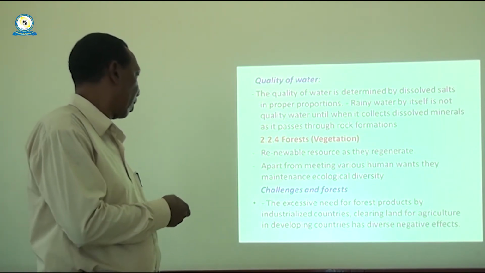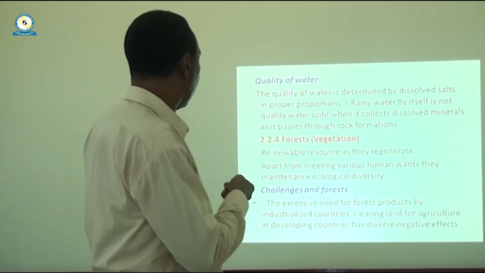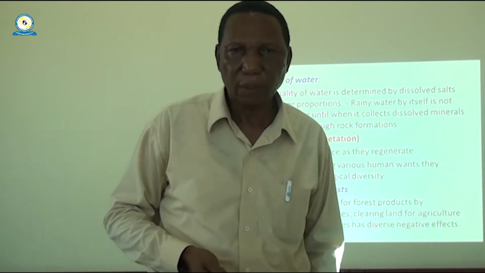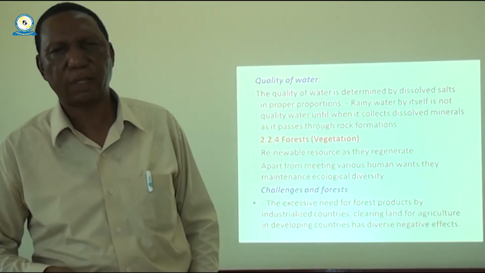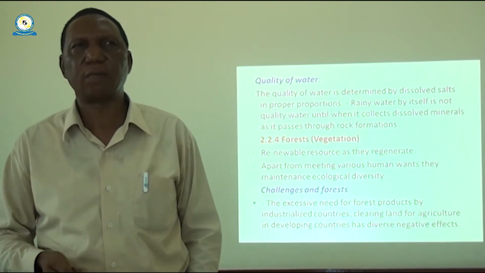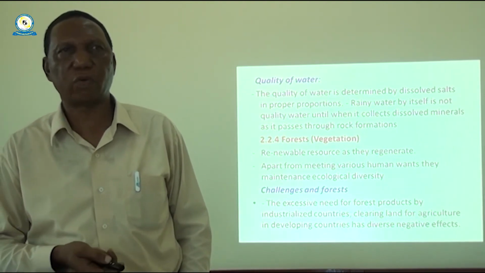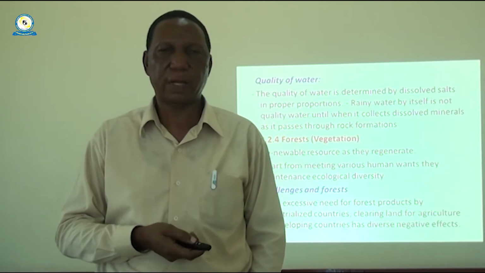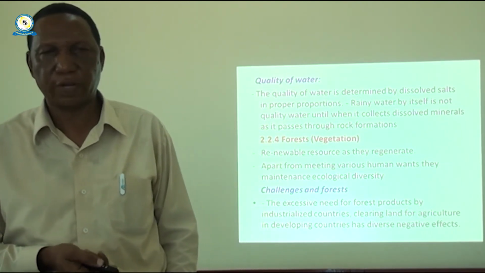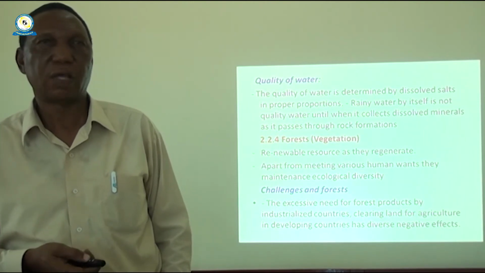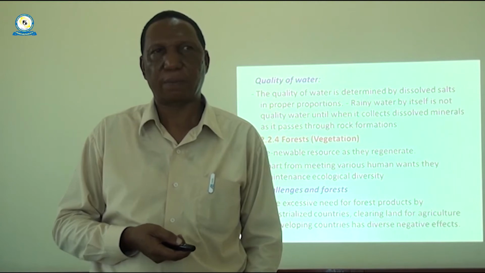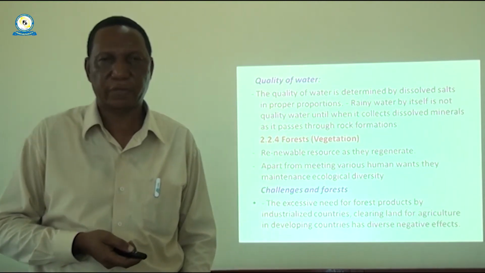So, challenges and forests: the excessive need for forest products by industrialized countries, which cut down trees for industrial consumption, mainly timber, but also in the developing countries we have this problem of clearing land for agriculture, because the majority of the people are peasants and practice peasant agriculture.